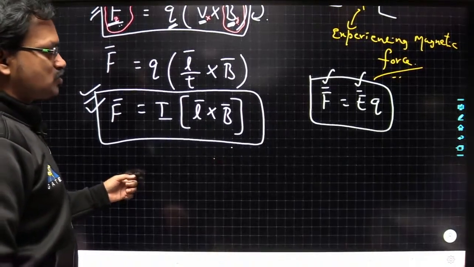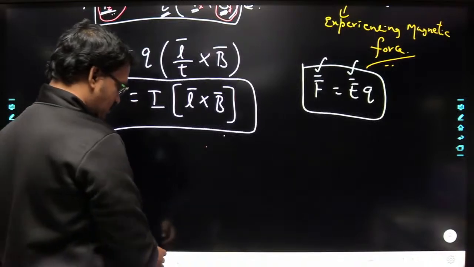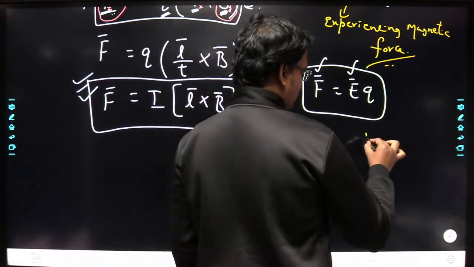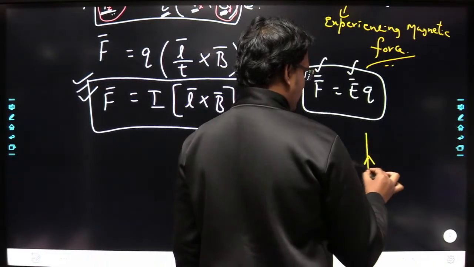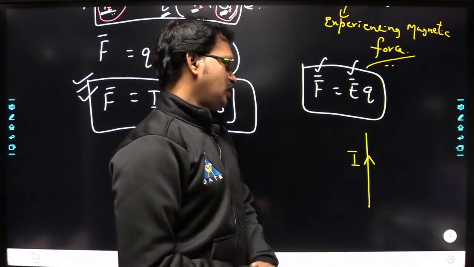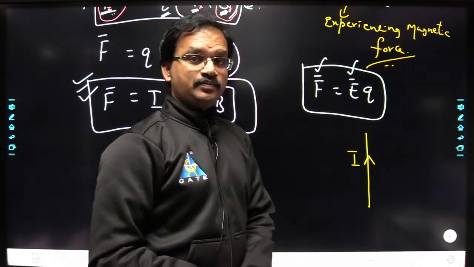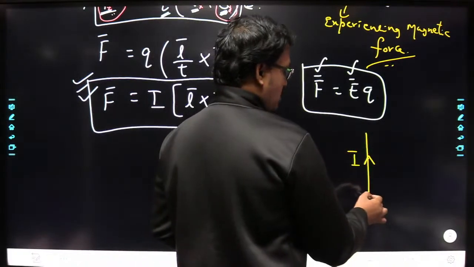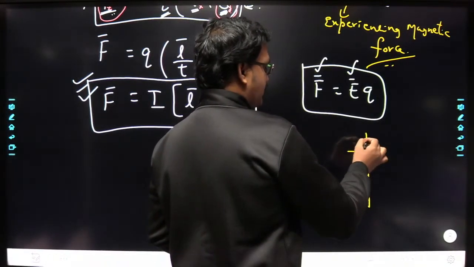I will ask you one question here. Suppose you have a current carrying wire. Whenever you have a current carrying wire, it sets up a magnetic field in its vicinity. But inside the current carrying wire, the charge carriers are flowing.